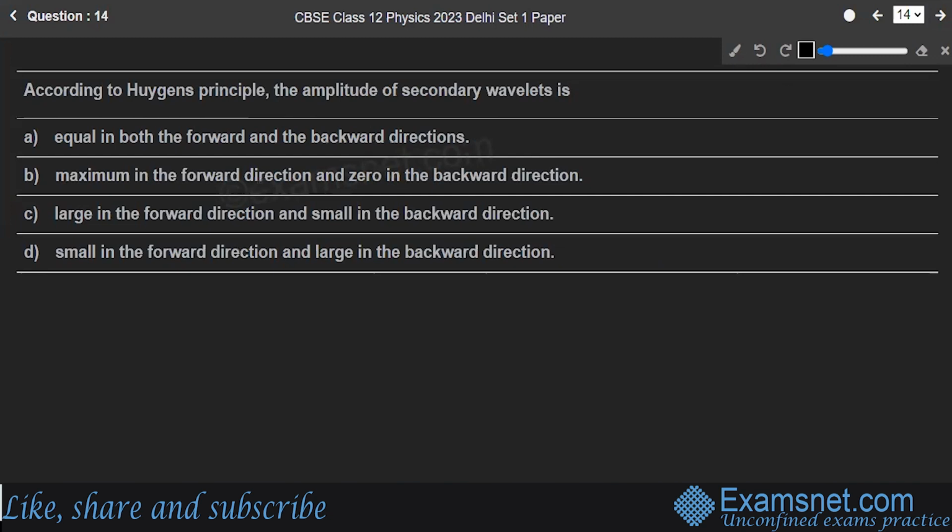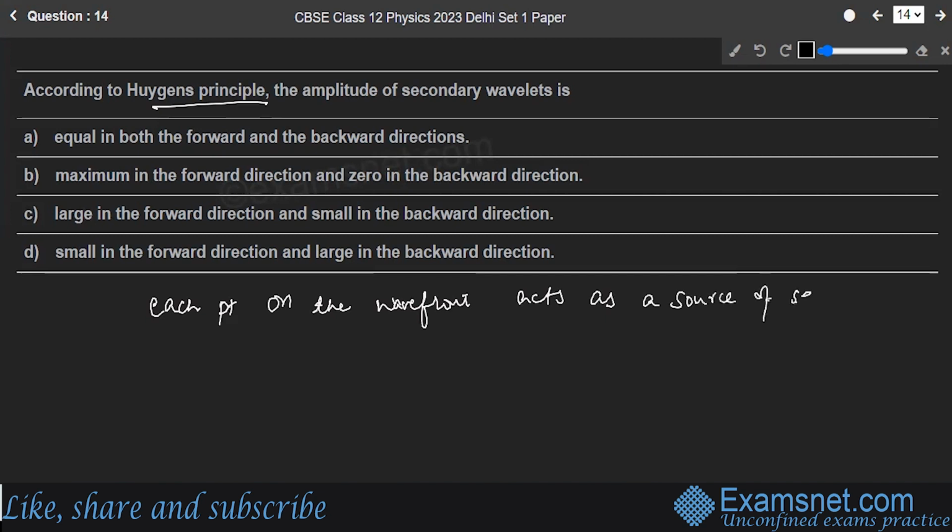According to the Huygens principle, each point on the wavefront acts as a source of secondary wavelets. And the amplitude of the secondary wavelets is proportional to the amplitude of the original wavelets.